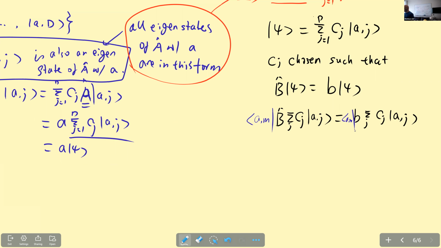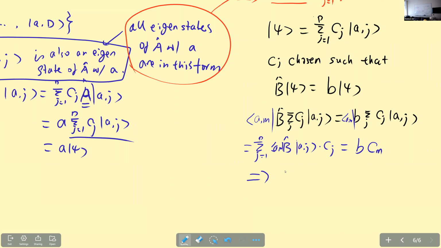So you obtain that B Am Aj times Cj, summed over j from 1 to d, equals B times Cm.